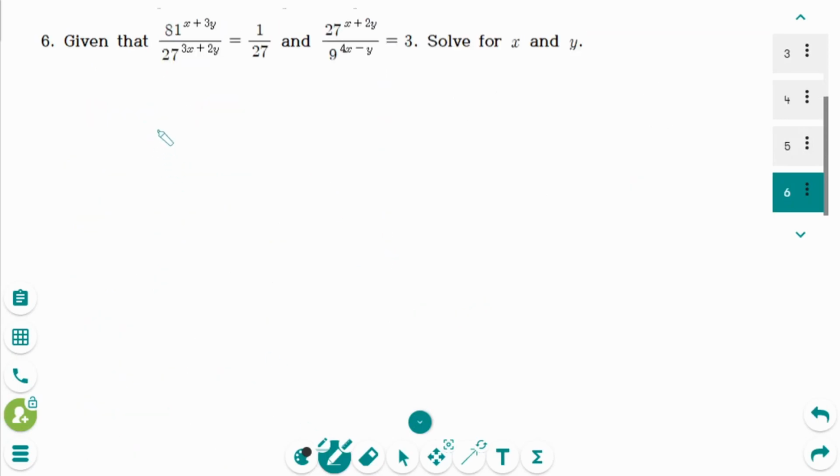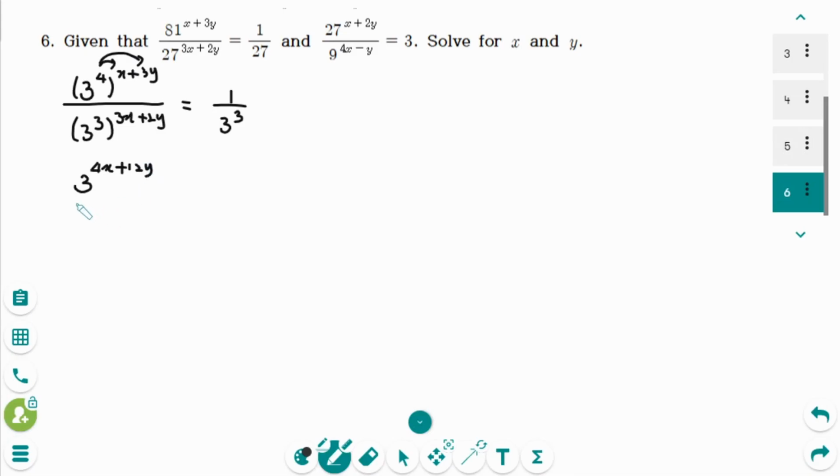Number 6, we can rewrite as base 3. 3 to the power of 4 to the power of x plus 3y over 3 cubed to the power of 3x plus 2y equals 1 over 3 cubed. 3 to the power of 4x plus 12y over 3 to the power of 9x plus 6y equals 3 to the power of minus 3.